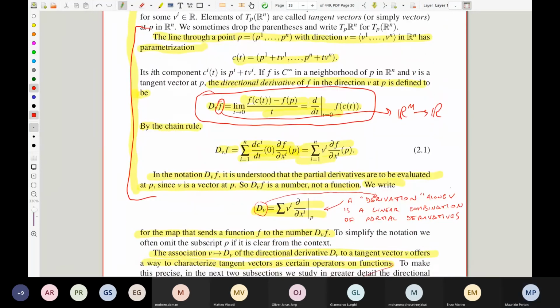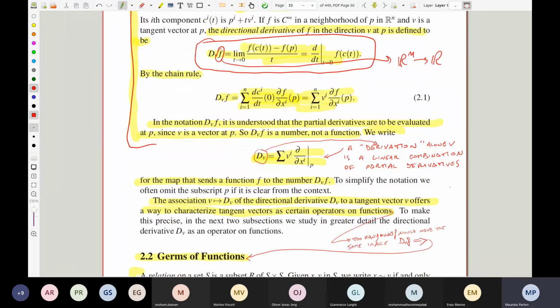Well, I just want to point out that at the end, you have a formula, which is this one. I'm skipping the proof, but I need you to remember this formula, also for notation.